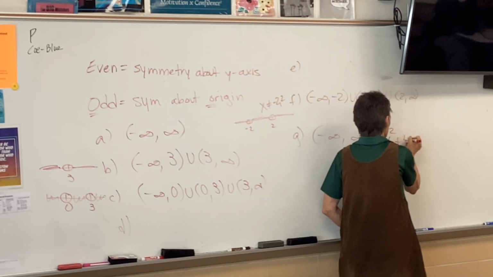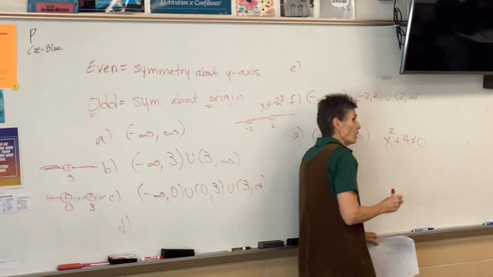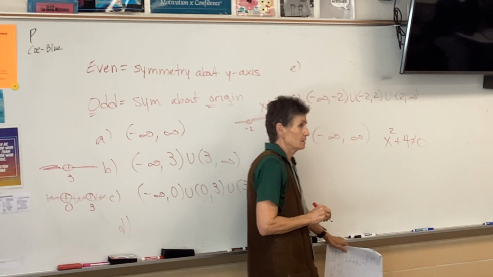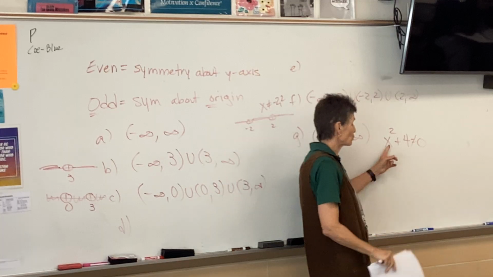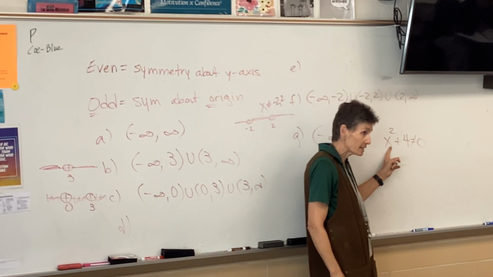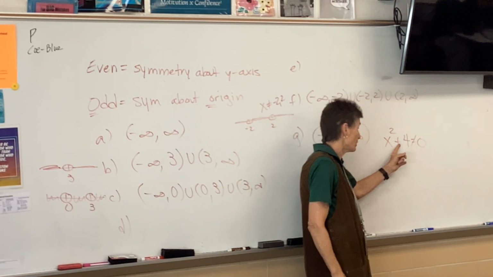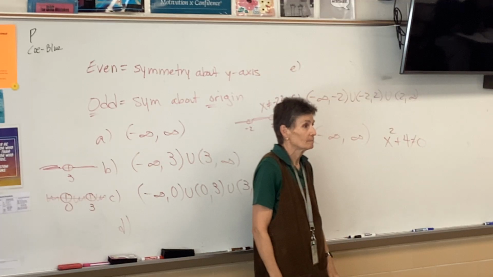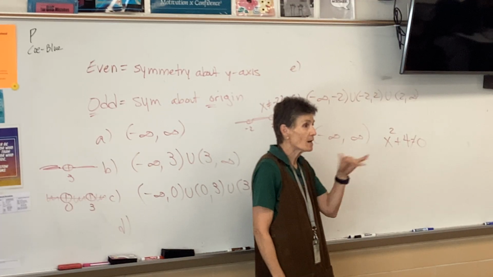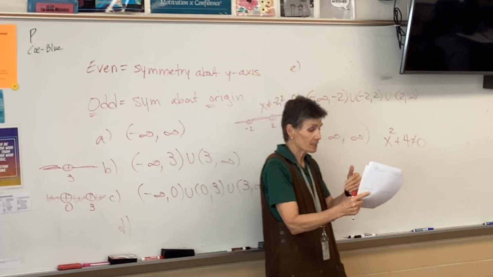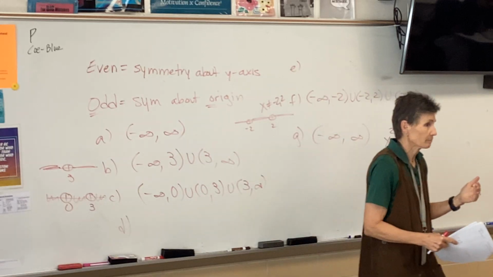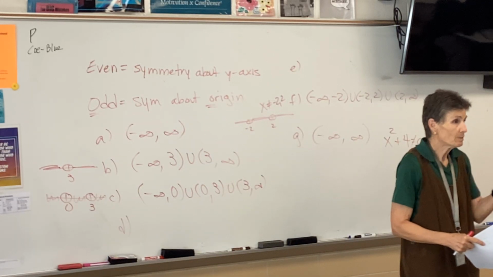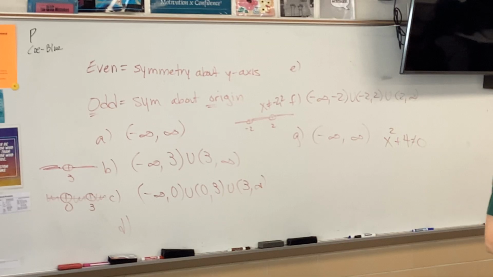So x squared plus 4 will never be 0, because if you square something, it will be positive, and when you add 4 to it, it's still positive. So there is no number that G can't be. Alright, one more time. My number 1 domain rule is the denominator cannot be zero.